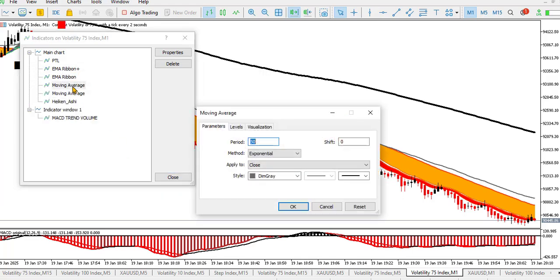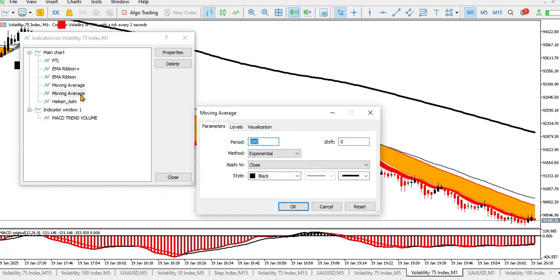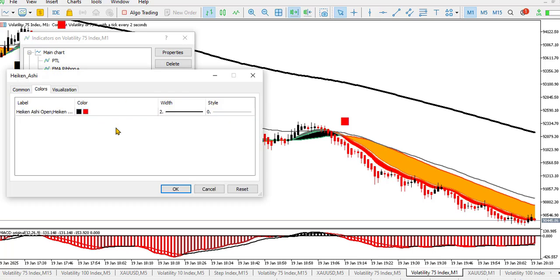Then I have the moving average 50. Method is exponential, apply to close, shift is 0. And the second moving average I have is 200. Method is exponential, apply to close, and shift is 0. I used this black color, and for the candle color I used the Heikin Ashi indicator, black and red.